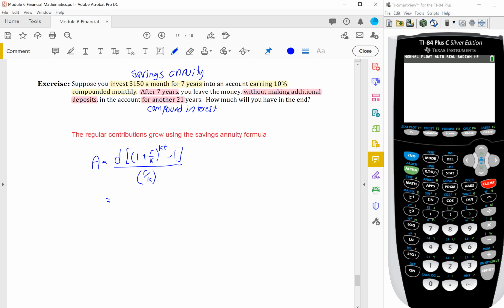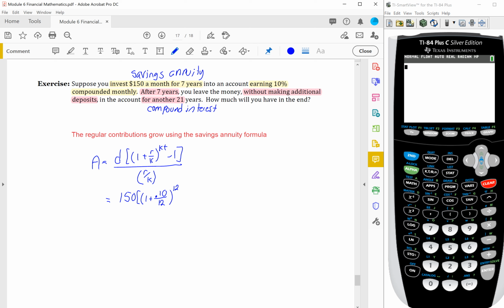Okay, so for the regular contributions, you're making $150 a month contributions. 1 plus your interest rate. Now our interest rate, we were earning 10% compounded monthly. So write that as a decimal, 0.10. We're doing it monthly. We're doing it 12 times per year.